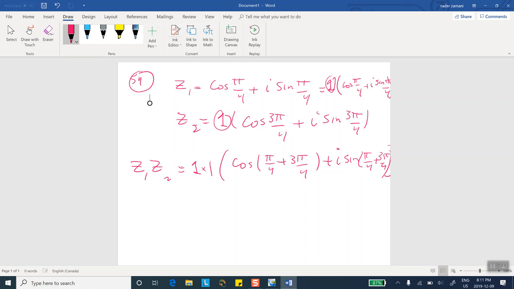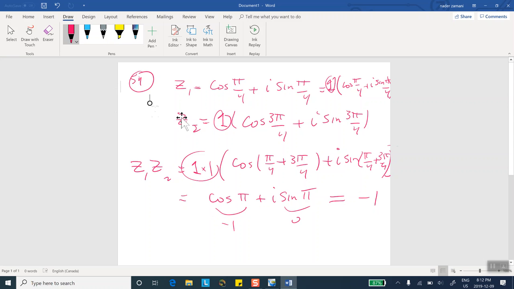Okay, close the bracket. 1 times 1 is 1, so I'm not going to write it. And this is going to be cosine of 4 pi over 4, which is just pi, plus i sine of pi. You can leave it like this, but notice that this is a minus 1 and this is a 0. So the answer is actually minus 1.